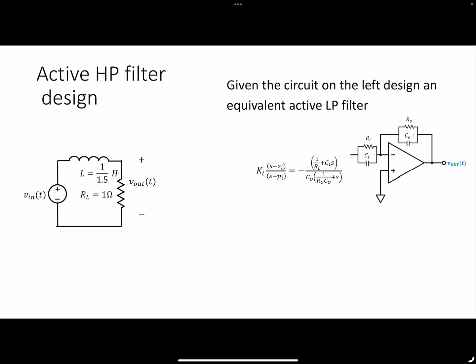If you recollect, this is a voltage divider, so V out over V in is just going to be, since this is SL, so S over 1.5, 1 over S over 1.5 plus 1 times 1, which is just going to give us 1.5 over S plus 1.5.